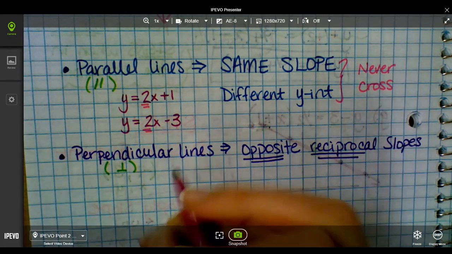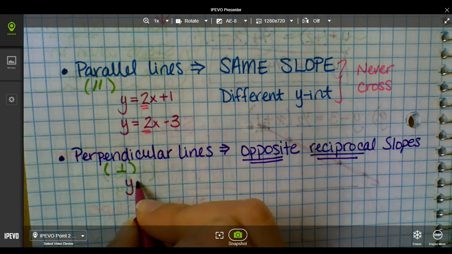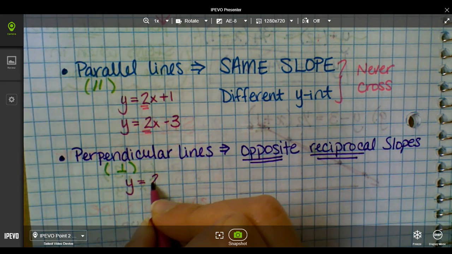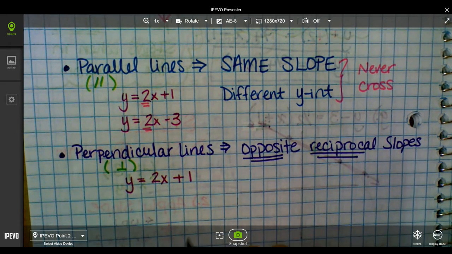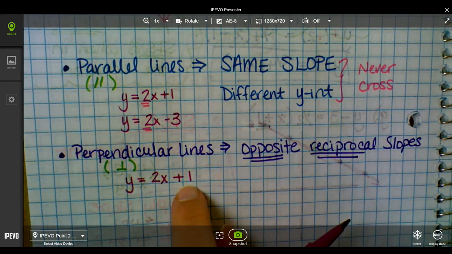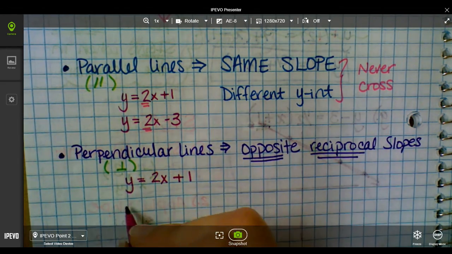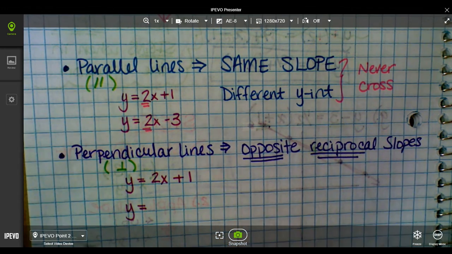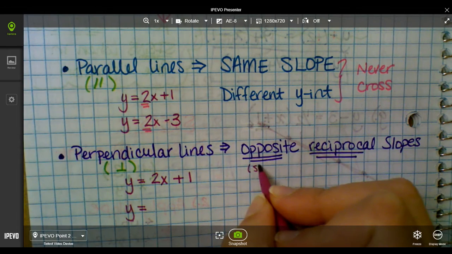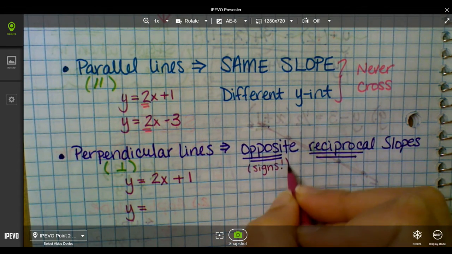And then if you want examples of perpendicular lines, let's say we have the same exact first line, y equals 2x plus 1. It doesn't matter if their y-intercepts are the same or different for perpendicular lines, but their slopes must be opposite reciprocals. And what I'm talking about with opposite is opposite signs.